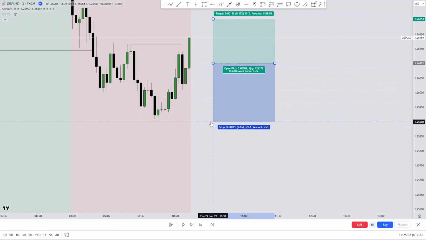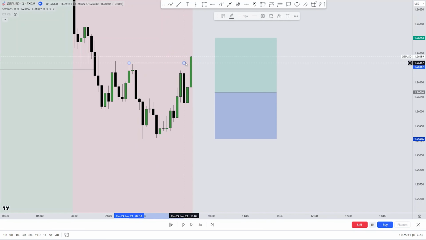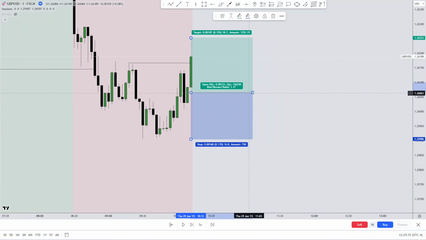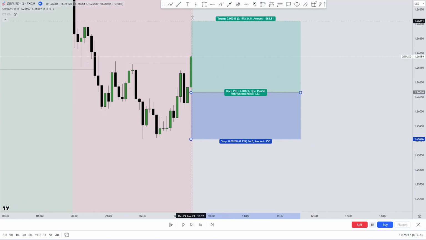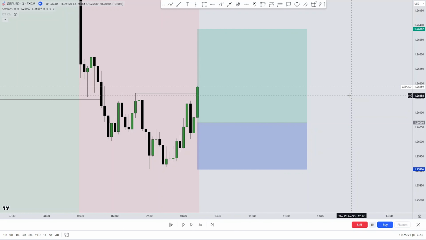We will be taking it with a maximum of 16 pips on this occasion, with a pending order, a buy limit order, exactly right here. I don't know if we will get activated actually. Again, these are random examples. I'm placing the pending order here, and I'm going for a 1 to 2 reward to risk.